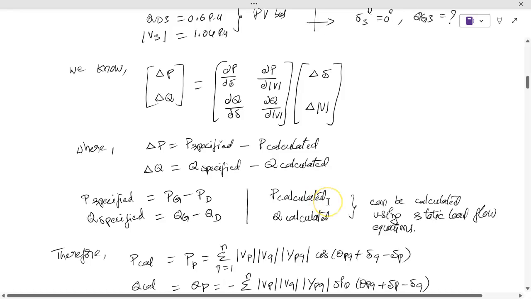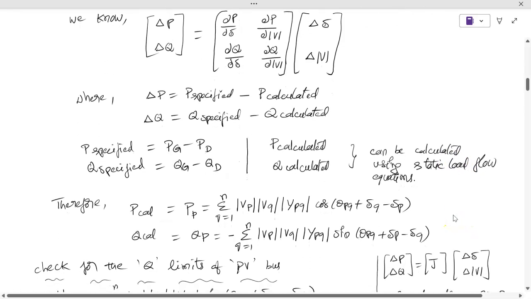P and Q calculated values can be calculated by using the static load flow equations. What are the static load flow equations? These two are the static load flow equations. This is the real power calculated and the reactive power calculated.